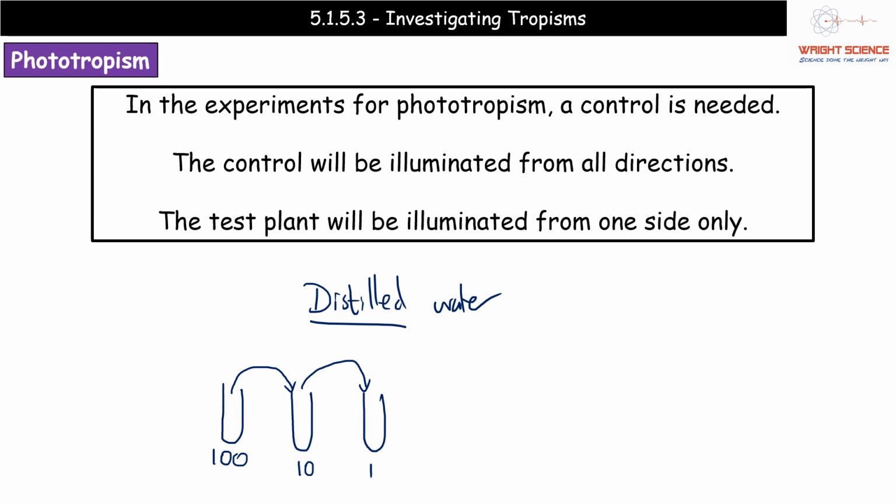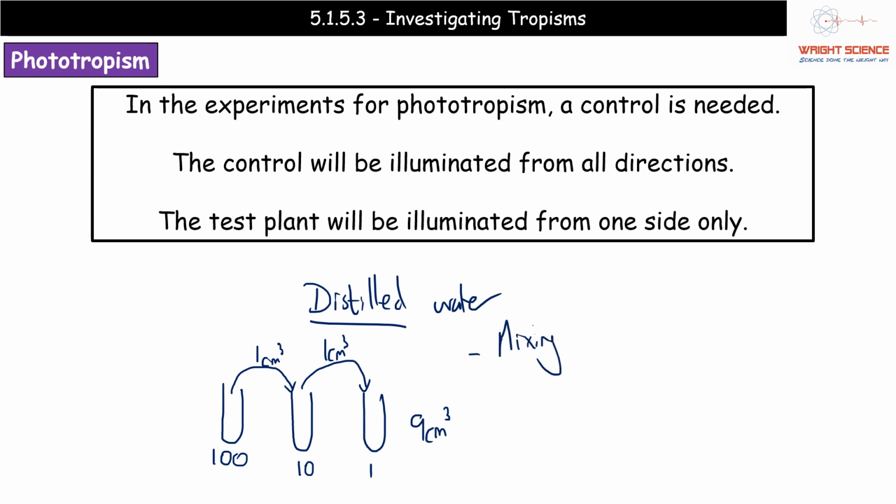So in this example, what we'd be doing is taking 1 centimetre cubed of our previous solution and adding it to 9 centimetres cubed of distilled water in each case. So we need to mix that tube after we've added, before we then take the next sample out. So make sure you talk about mixing.